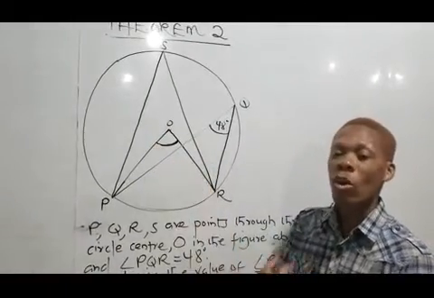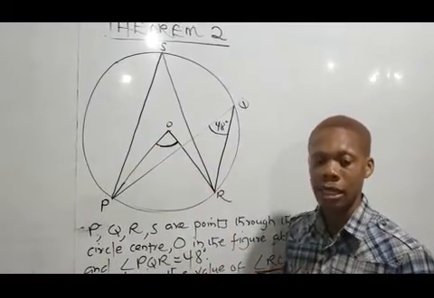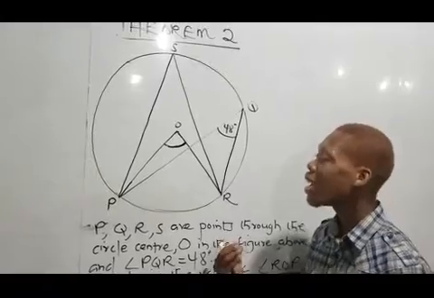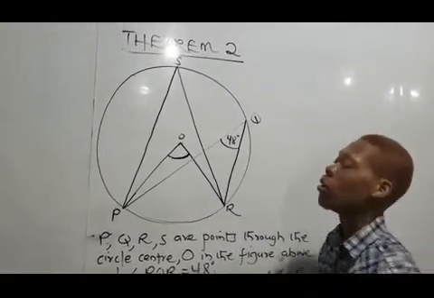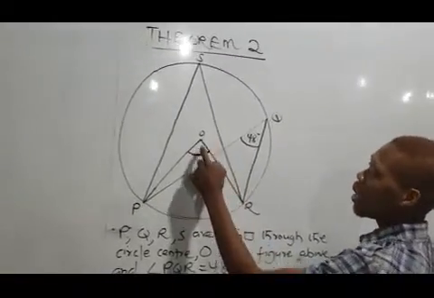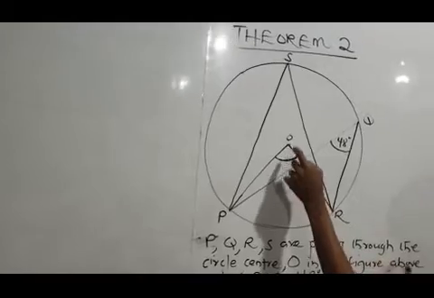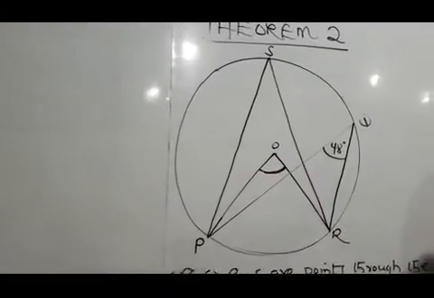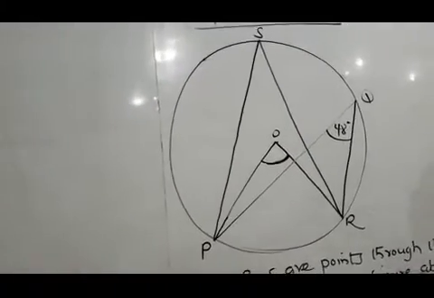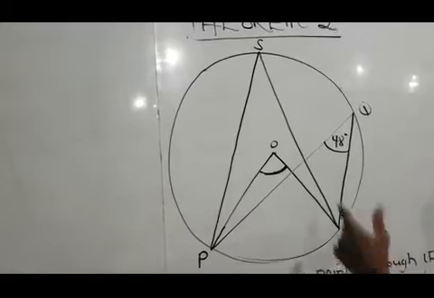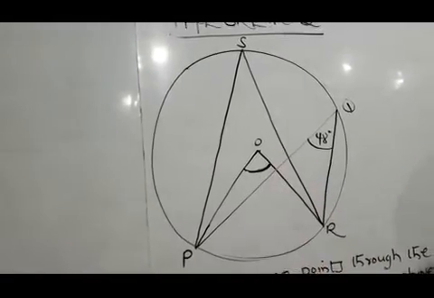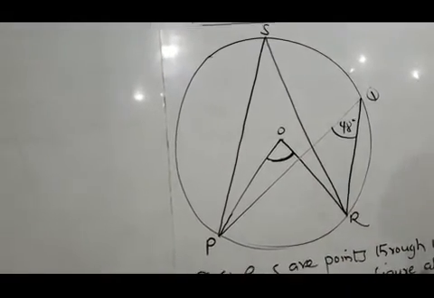Now I'll look at the connection between the angle at the center and the angle at the circumference. To get the chord which subtends angle O at the center, I have to follow the lines which create the angle to know which chord is subtending that angle.